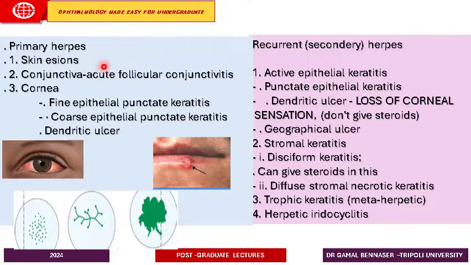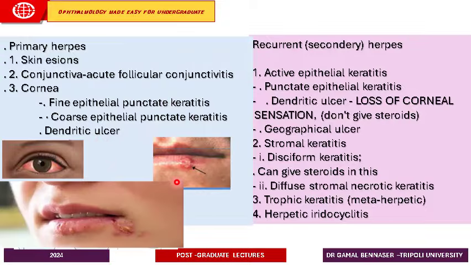The ocular infections are in the form of acute follicular conjunctivitis, and may pass unnoticed. Sometimes, rarely, it can involve even the cornea in the form of fine epithelial keratitis or even a dendritic ulcer, although corneal manifestations of primary herpes are rare. Now, this is herpes labialis, and this is the skin manifestation, similarly here. So it can be in the form of eye or skin manifestations.